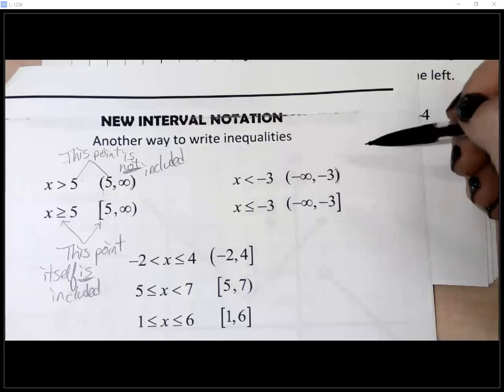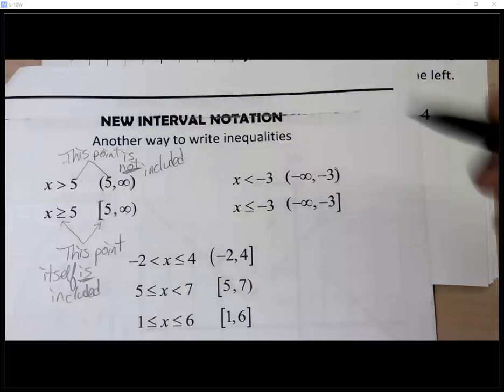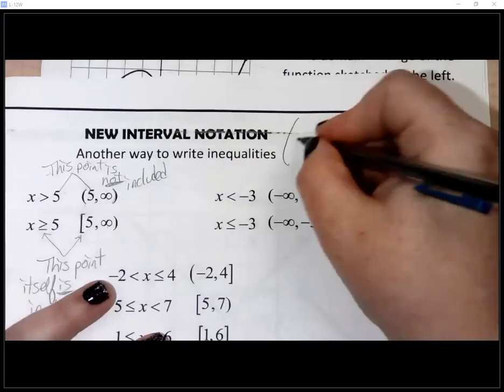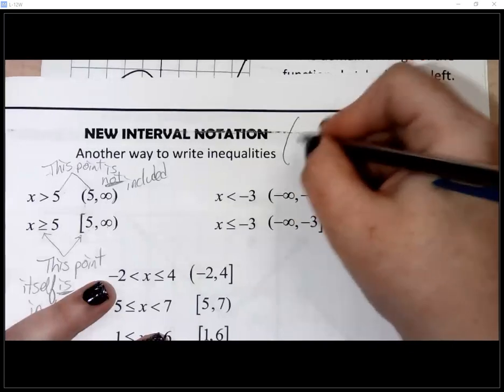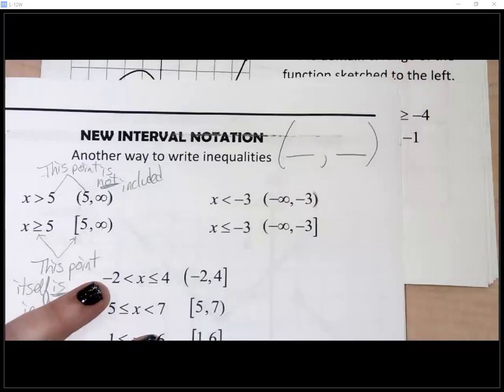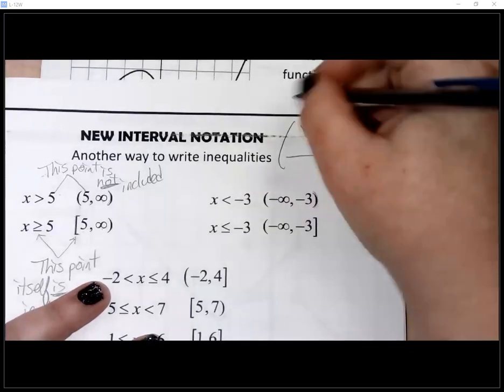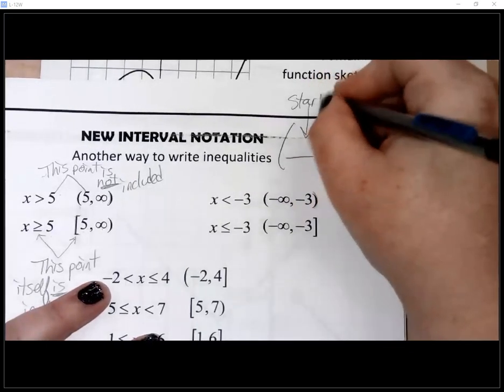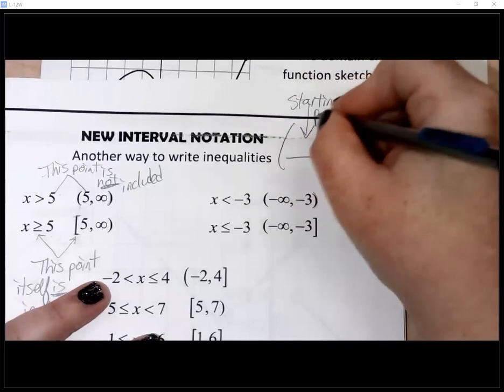Okay, so in these, your first number goes here, then a comma here. You're going to have where you start, the starting point, and then here is where you finish.